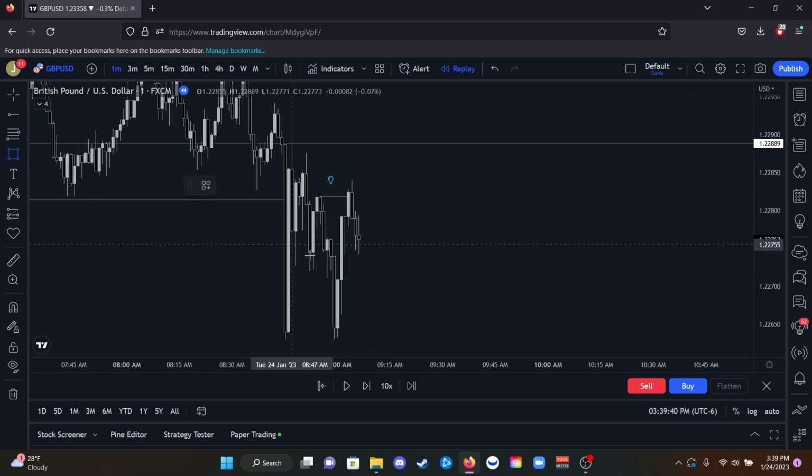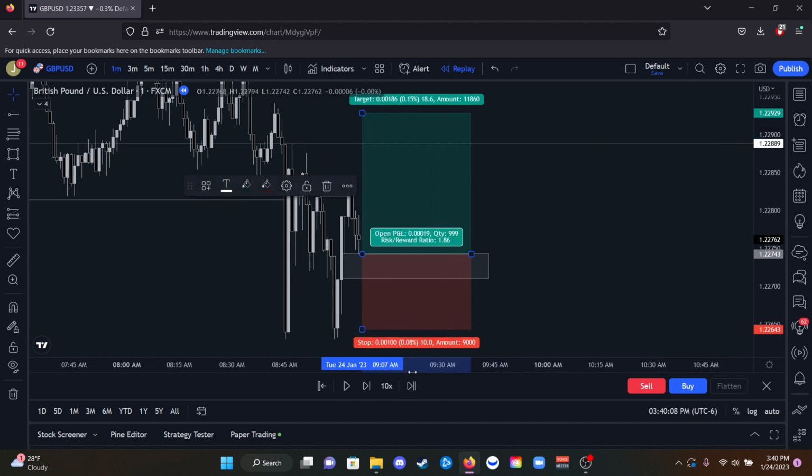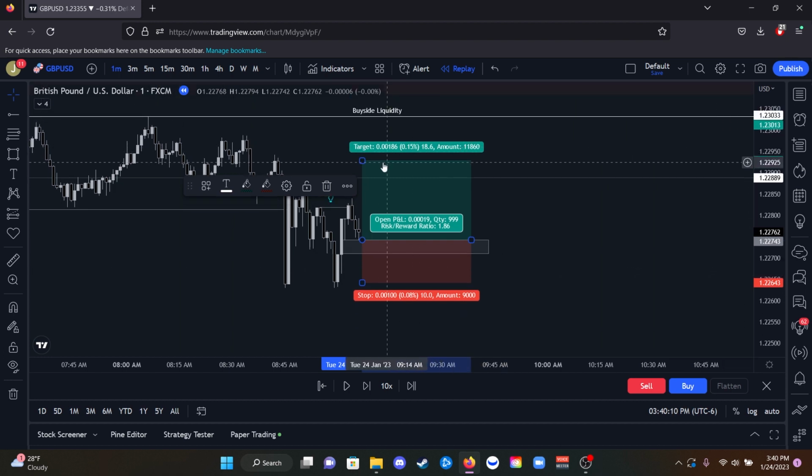So I wanted to enter down here in this fair value gap. My stop loss was about 10 pips, and as you know, we are targeting buy side liquidity.